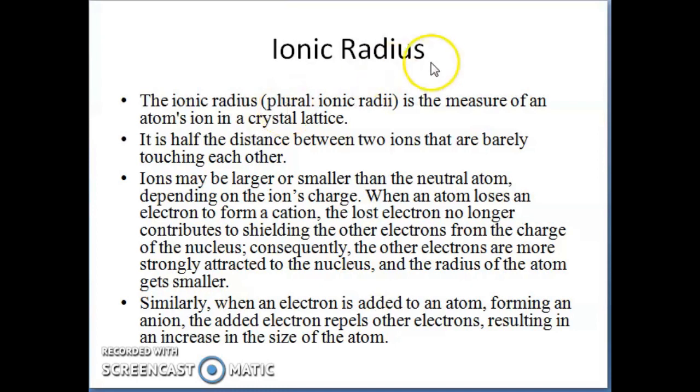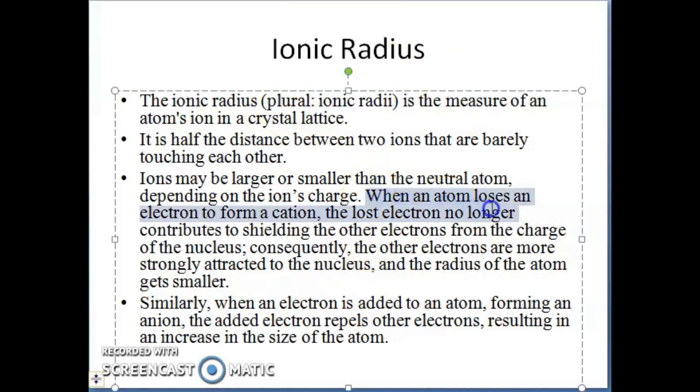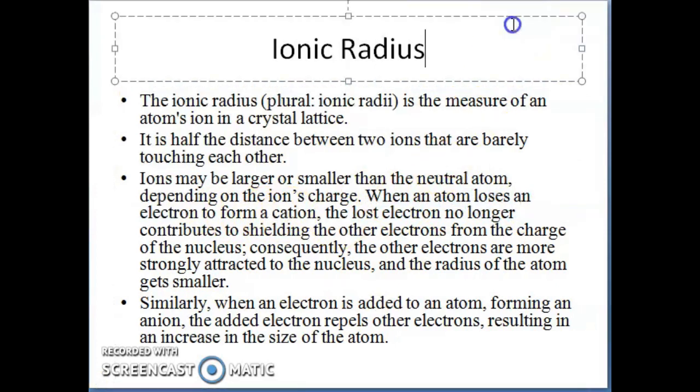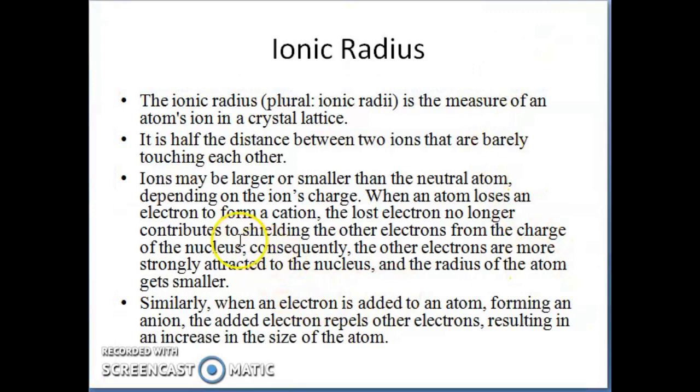When an atom loses an electron to form a cation, the loss of the electron reduces the shielding of the other electrons from the charge of the nucleus. The remaining electrons are more strongly attracted to the nucleus, and the radius of the atom gets smaller.